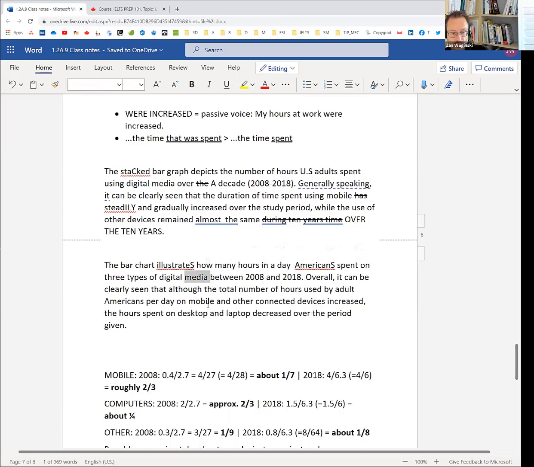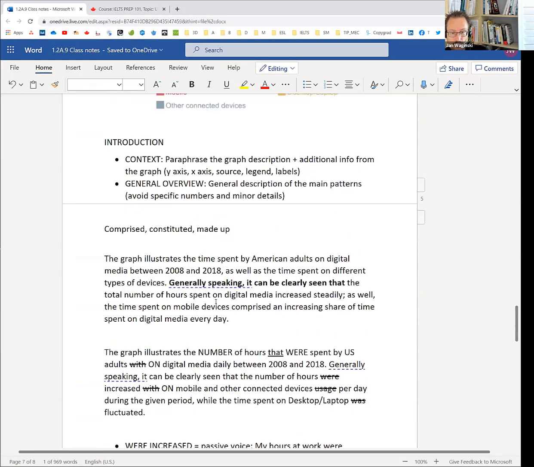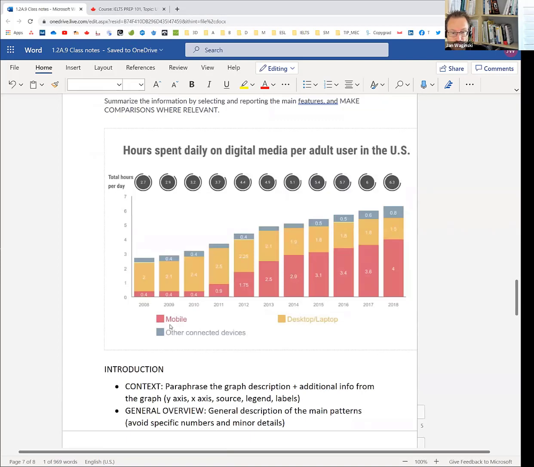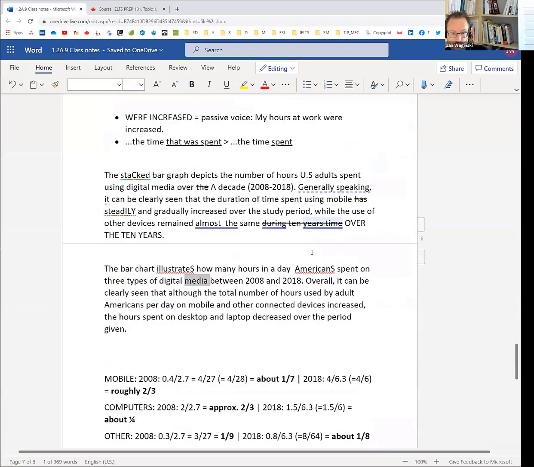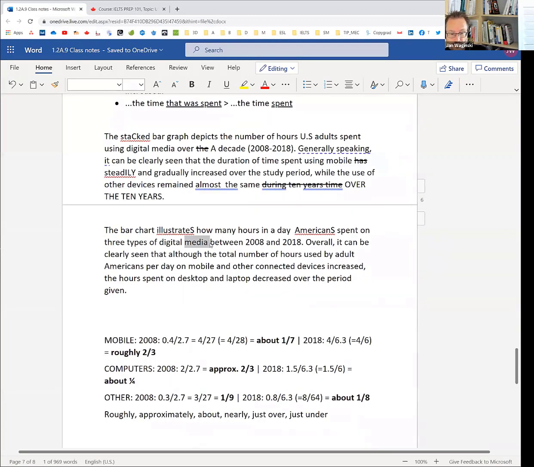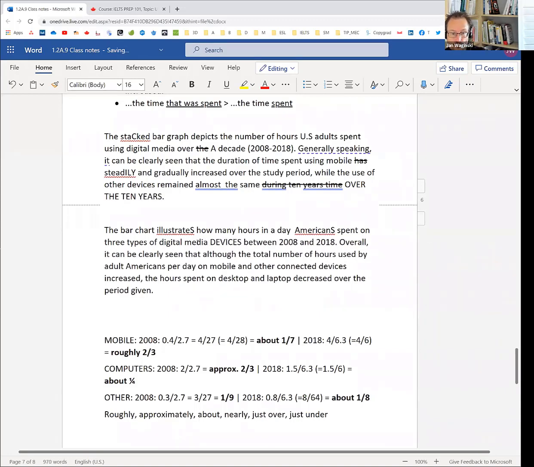Media is the stuff that you view on your device, but they're actually talking about devices. In a day, Americans spend on 3 types of digital devices.